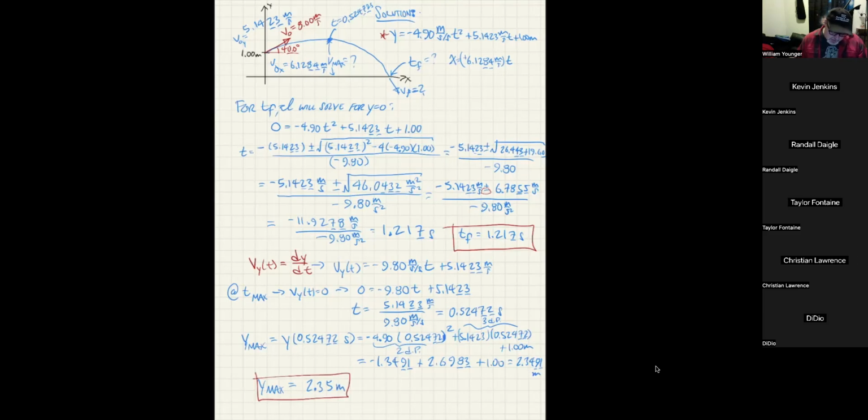Now I think you can figure out how to do the V final. Obviously, the way that gives you the right sign would be V is equal to V0 plus AT, but that requires us to use the T that we calculated, but that's fine. What you're ultimately going to get, of course, is a velocity that has an X component, which we decided was 5.1423 meters per second.